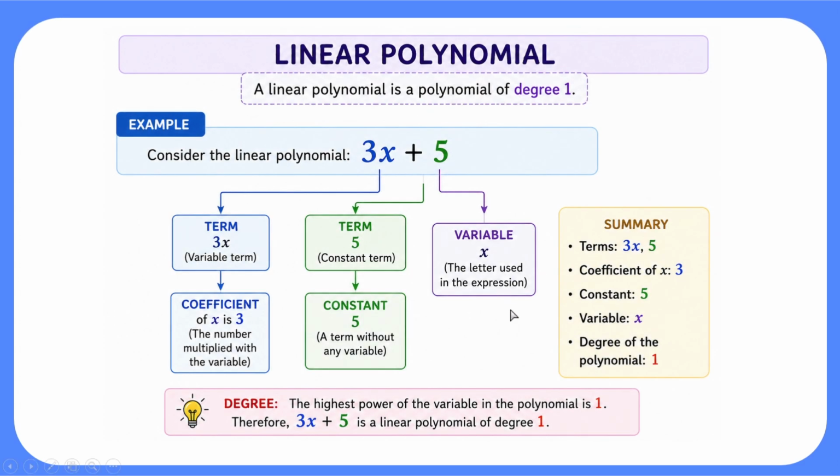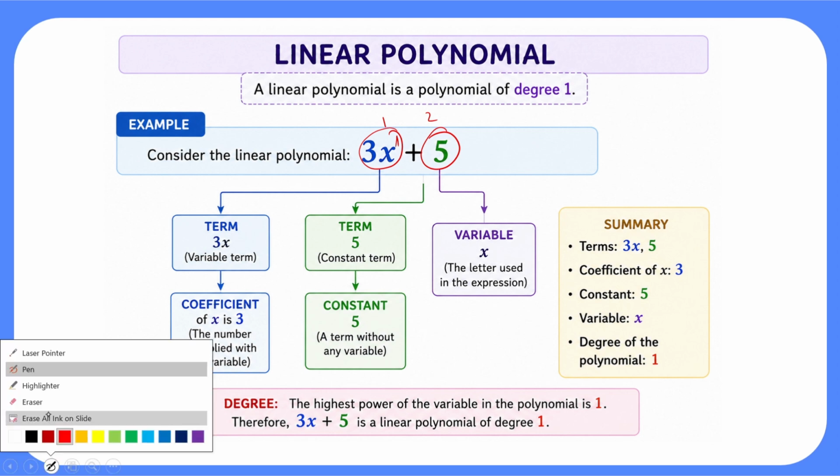The degree is 0. Okay, now let's look into these key components, a linear polynomial of degree 1. So you can see that there exists just one variable, which is x, and the highest power is 1 because it has no other variable. It's 1, right? So there are two terms. 3x is one term and 5 is another. So there are two terms in this expression.